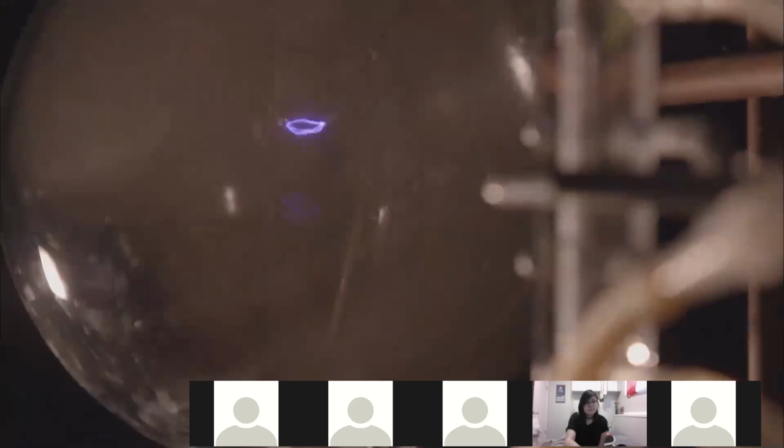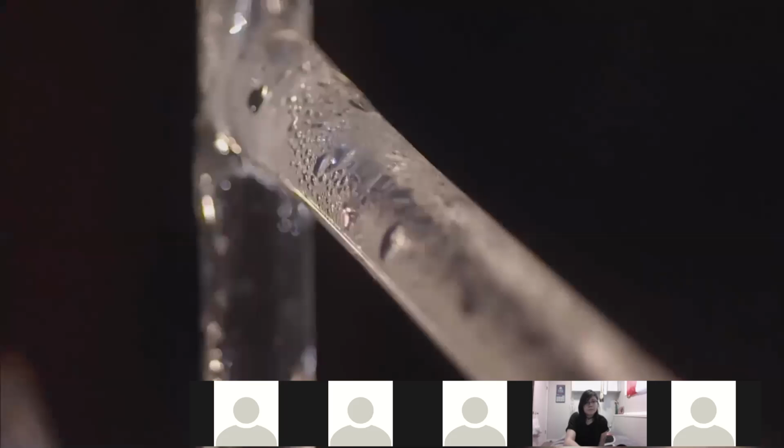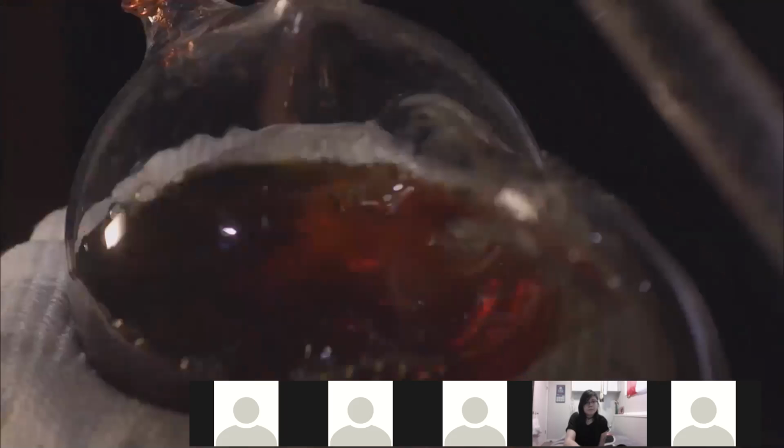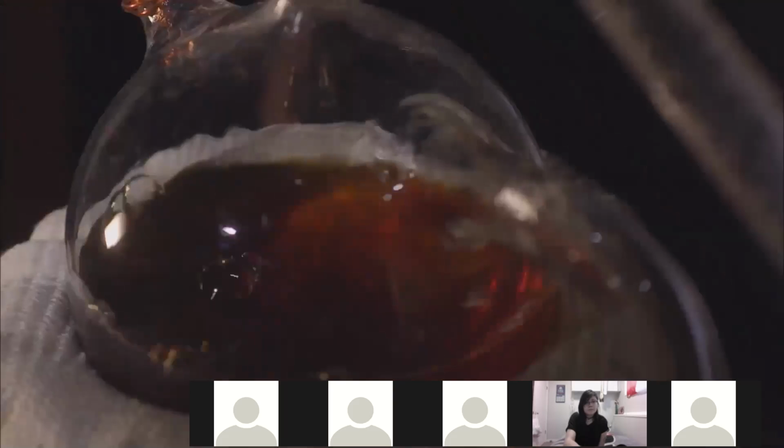To their astonishment, when they turned this apparatus on, after only a couple of days, you started seeing this pink color developing. And then a few more days, black, oily goo is forming around the electrodes.